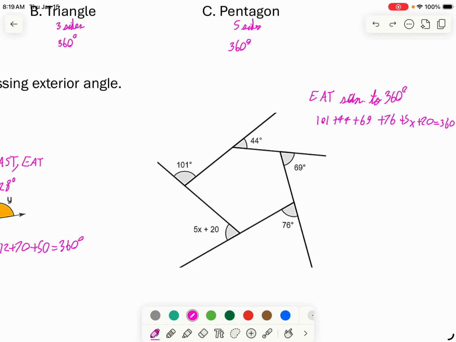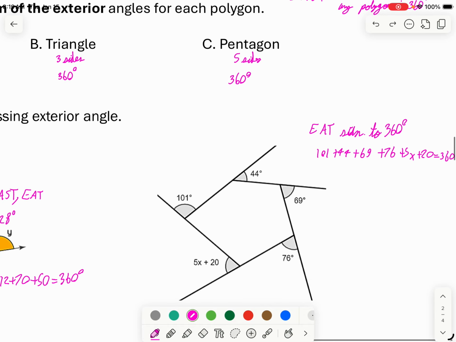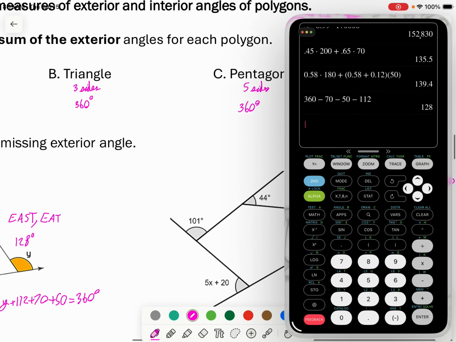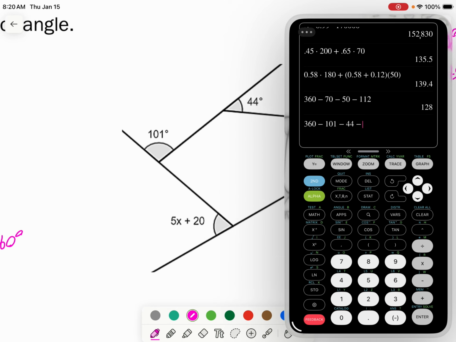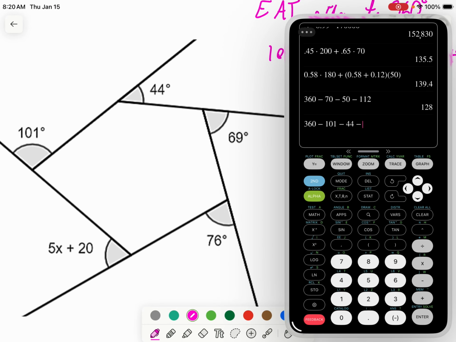And I just want to solve for x. In order to do that, I need to do some subtraction here. 360 minus 101 minus 44 minus 69 minus 76 minus 20.